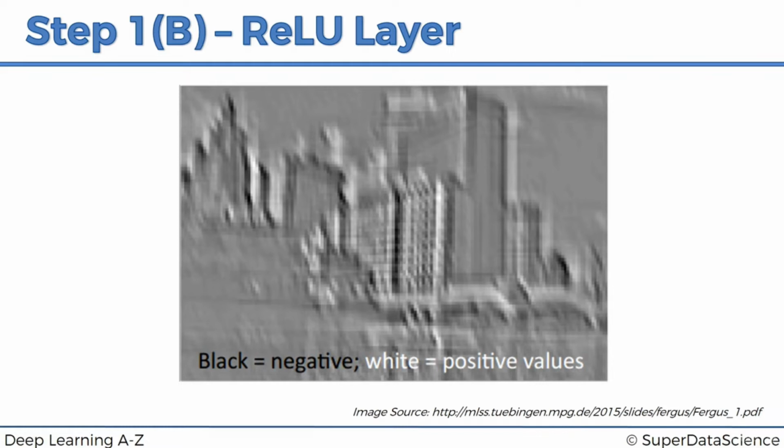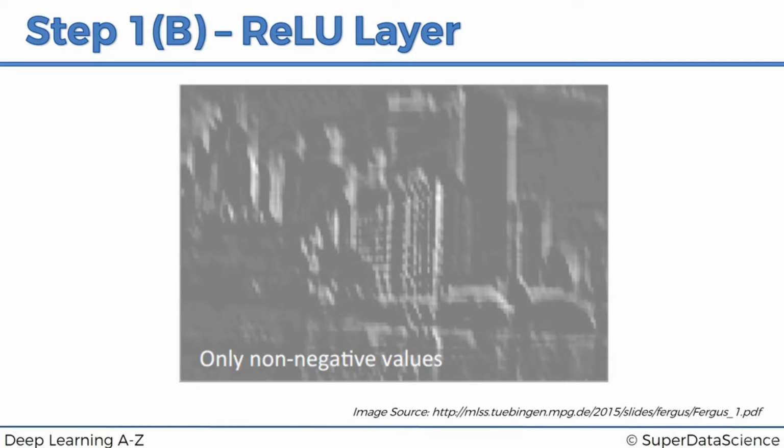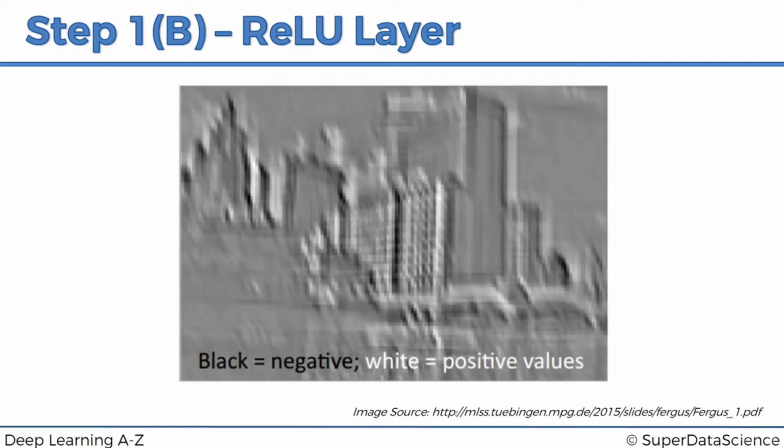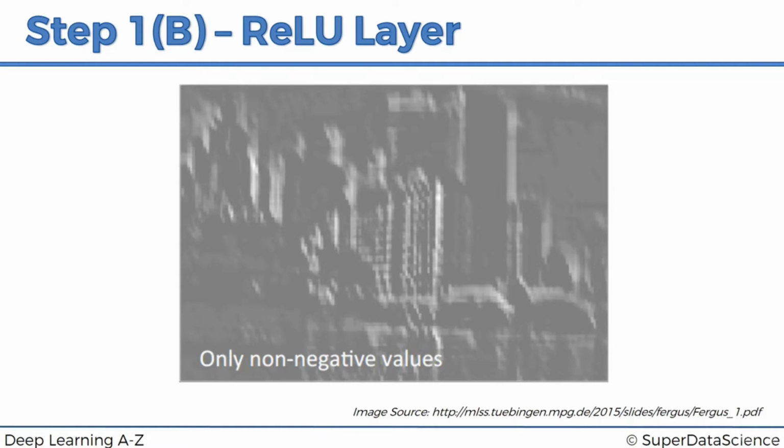Here the black ones are negative, white ones are positive. And what a rectified linear unit function does is it removes all the black, right? Anything below zero turns into zero. And so from this, it turns into this.